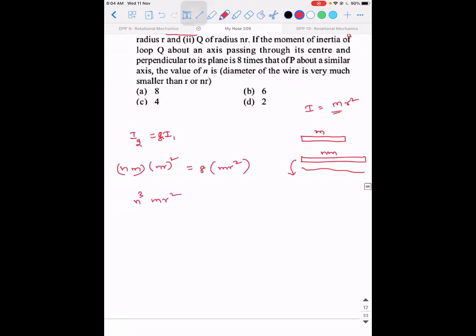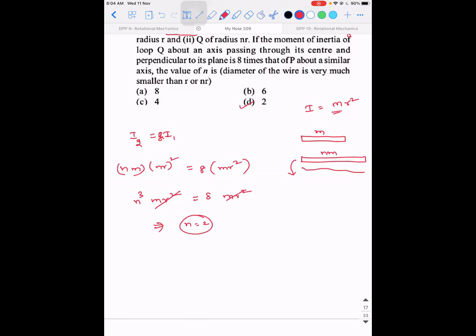So n cube mr square is equal to 8 times mr square. So n cube is 8, which means n is 2. Am I clear? Did you understand how to take the data from the question? Yes, sir. Good.